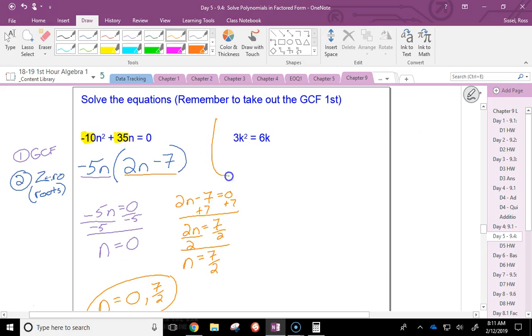Alright, let's have you, before we start this one, what's the problem with this one? Doesn't equal 0. Can we change it so it does? Yeah. How? You subtract 6k, and then you get 3k squared minus 6k equals 0. So, we have to make sure we're set to 0.